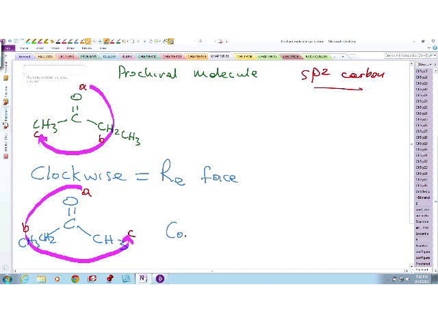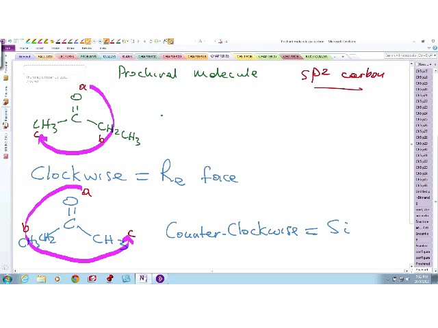Counterclockwise. The face that gives you the counterclockwise motion, we call that the Si face. So we have two faces, the Re face, in other words, the face that gives you the clockwise motion, and the Si face, which is the face that gives you the counterclockwise motion.